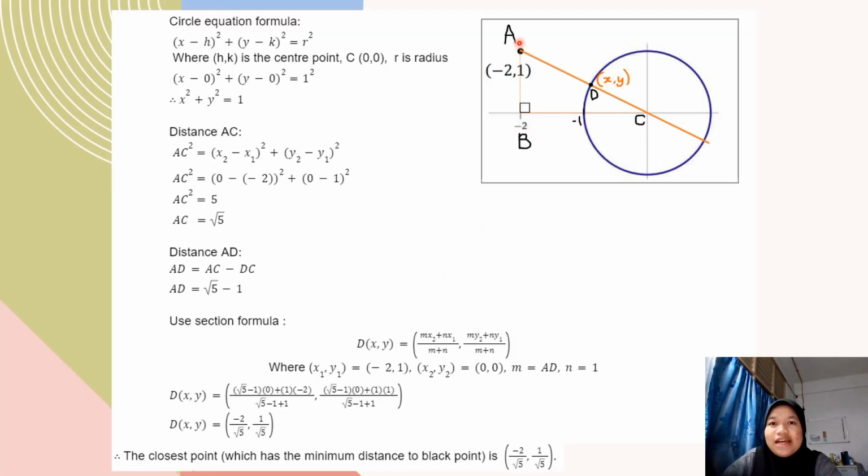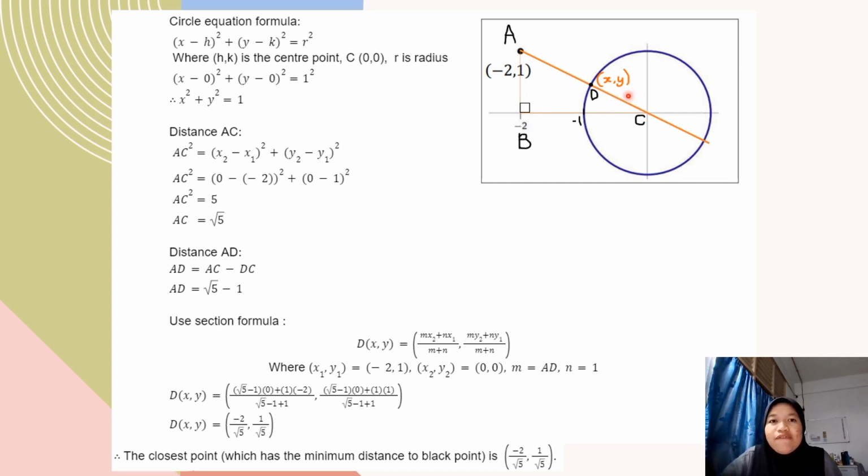As you can see, I already drew the triangle to use the theorem of Pythagoras, and I assume that the point D, which is the closest point to A, has the coordinates x and y.